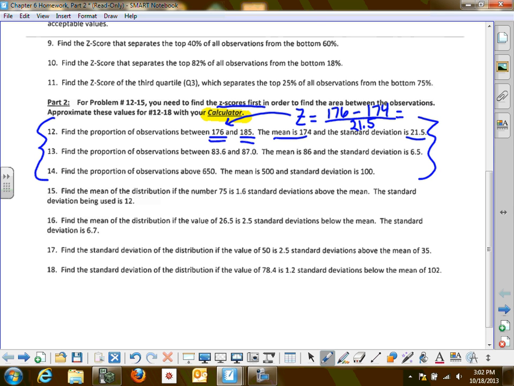Now, once you get that value, you then have the z-score for the left bound. Then you find the z-score for this problem in the same manner, 185 minus the mean over the standard deviations, and then you can do the calculator for the values between those two. Okay, so that is how you're going to be doing those problems for this homework, Chapter 6, Part 2.